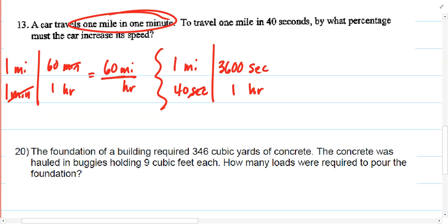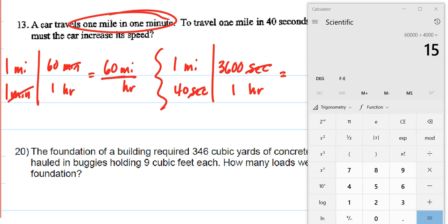So when we multiply here, the seconds will cancel, and we're left with 3,600 across the top and 40 across the bottom. 3,600 divided by 40 is 90.